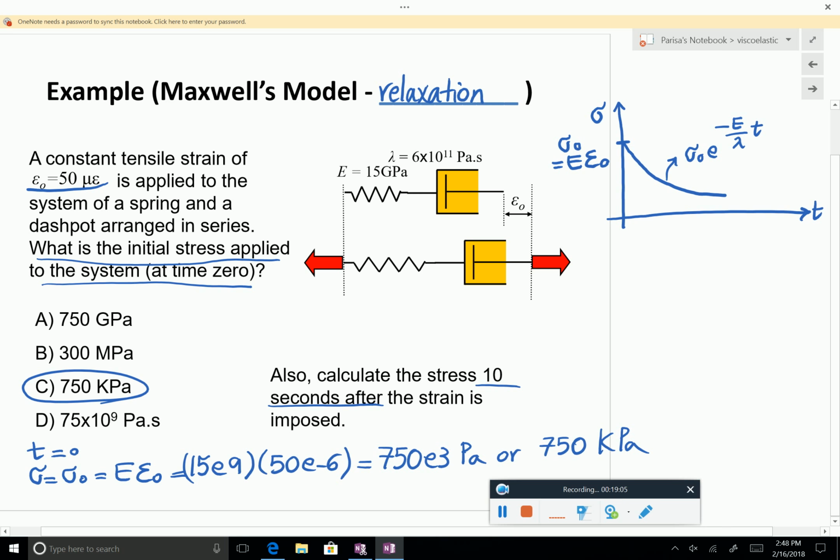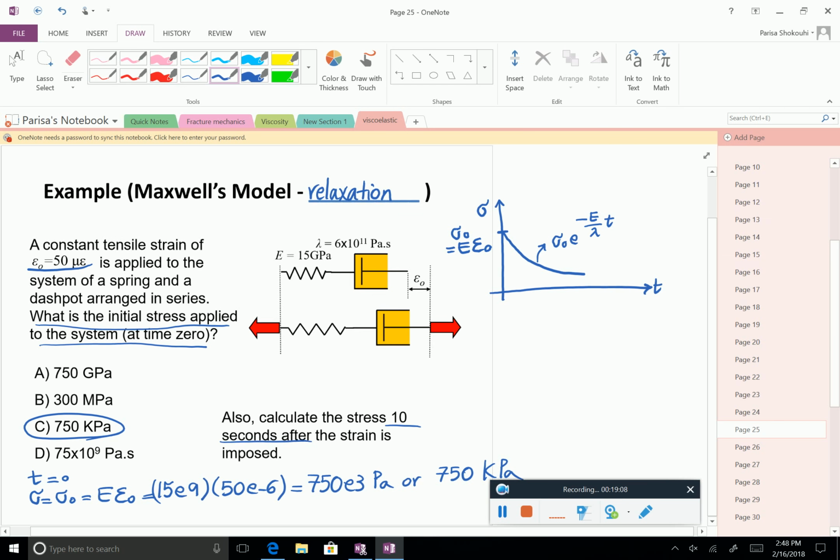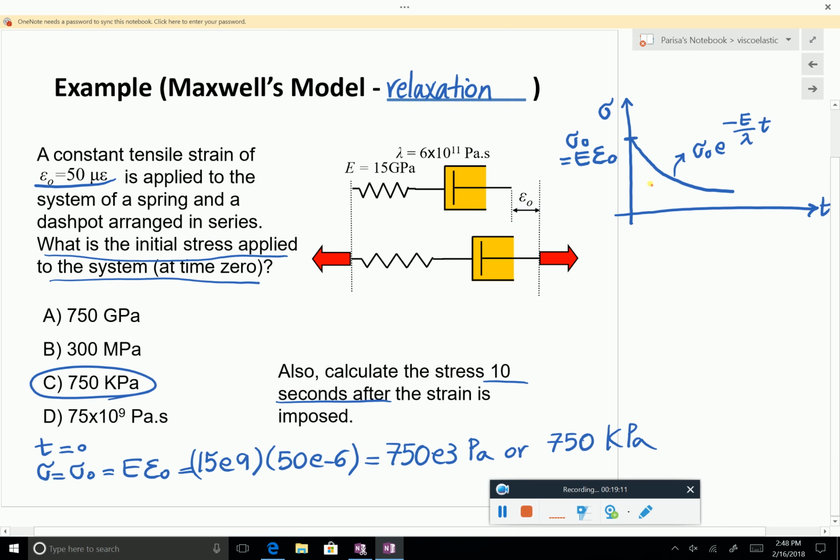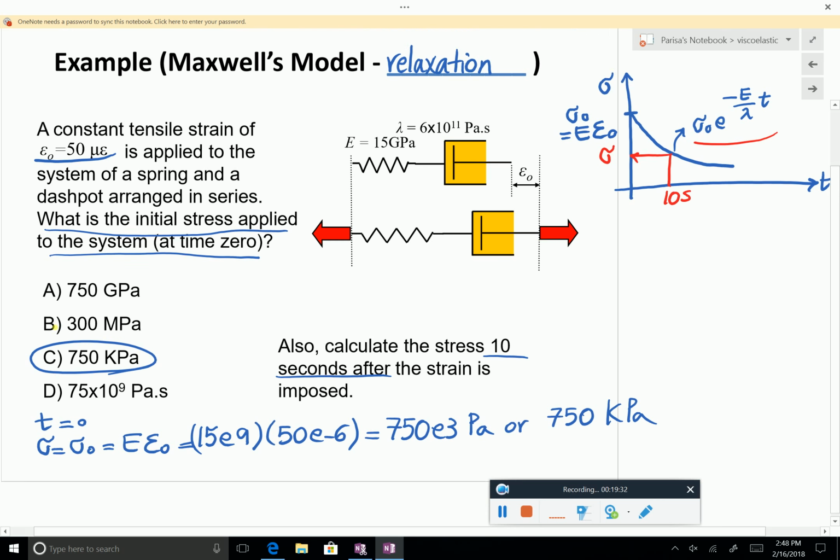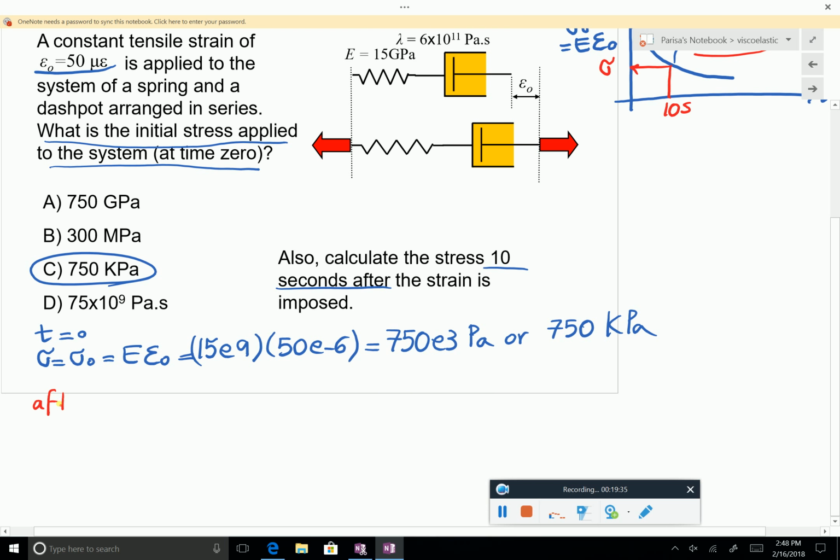How about after 10 seconds? After 10 seconds, you can see that for this material, the stress is going to be smaller. And it is going to be smaller according to this exponential decay. So all we need to do is to say, okay, after 10 seconds, t is 10 seconds, so sigma is sigma 0 e to the minus E over lambda t.